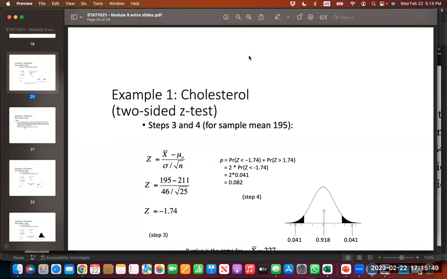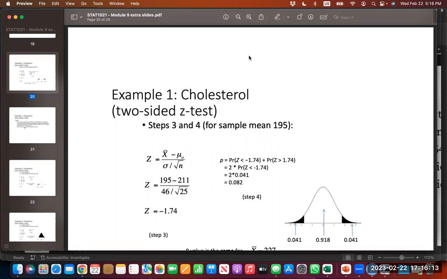Good. Okay, so we have cholesterol now. We have a two-sided z-test. We are again calculating this in the formula as we have discussed previously. We have X-bar minus mu, which calculates the difference between the sample mean and the population mean. We're dividing this by sigma divided by the square root of n, which is the standard error of the mean.